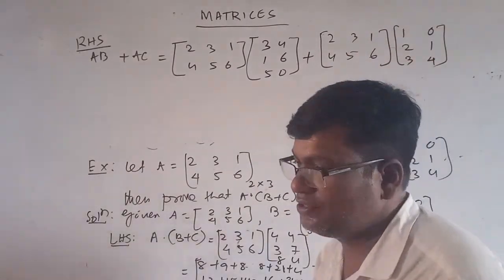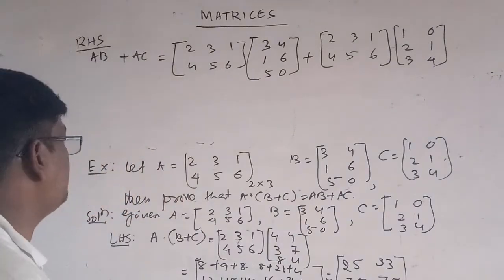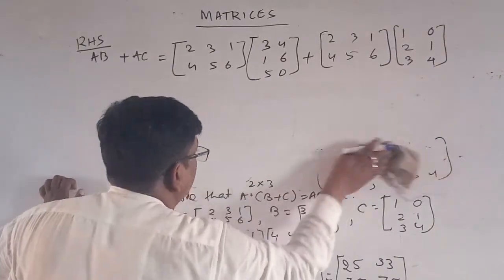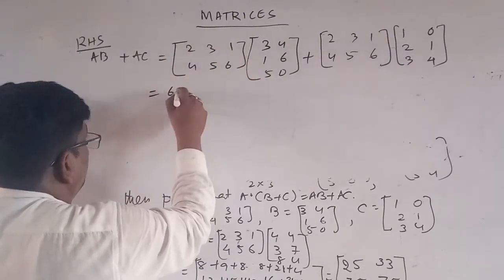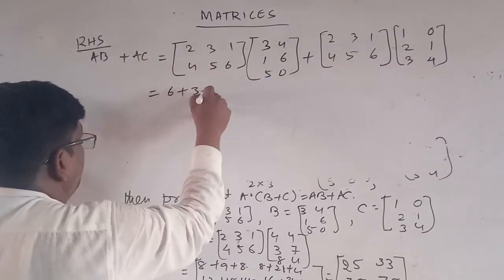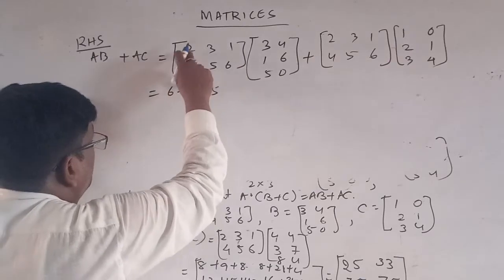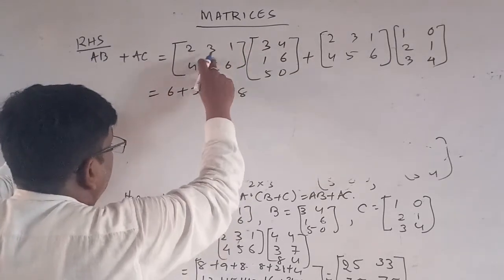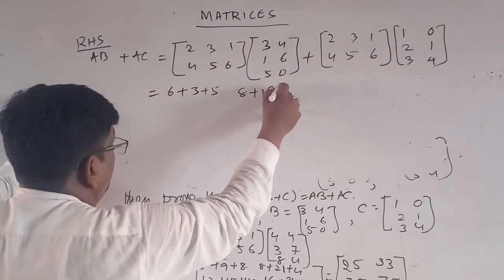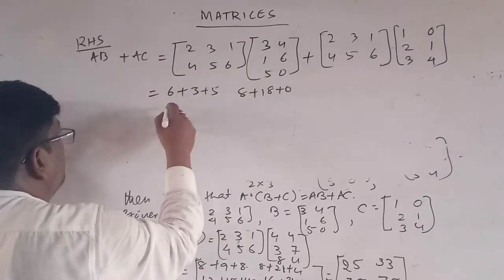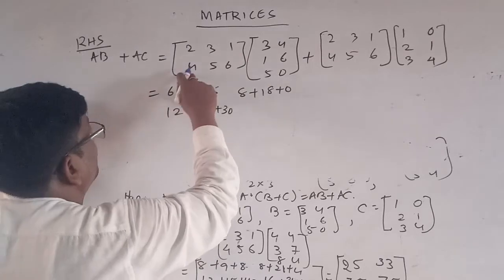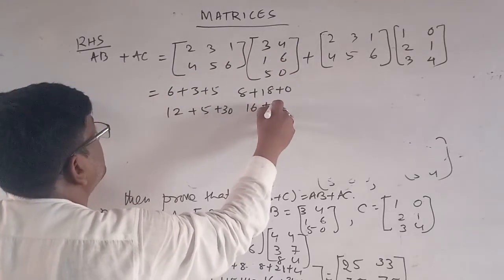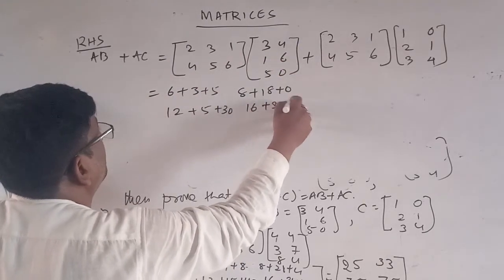Now multiply this. 2 into 3, 6. 3 into 1, 3. 1 into 5, 5. Okay, then 2 into 4, 8, plus 18, plus 0. 4 into 3, 12, plus 5, plus 30. 16 plus 30 plus 0.